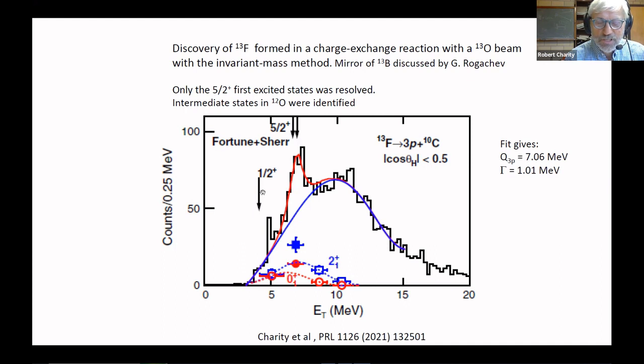And the 1/2 plus we do not see. So either it's very wide, part of the background, or it wasn't excited. Grisha talked about, I think, the mirror of this in boron 13, and there was also discussion of a 1/2 minus, which would be somewhere down here, but we would also not see that. So in this case, we just see the excited state.